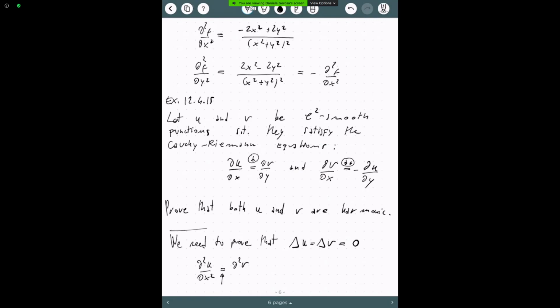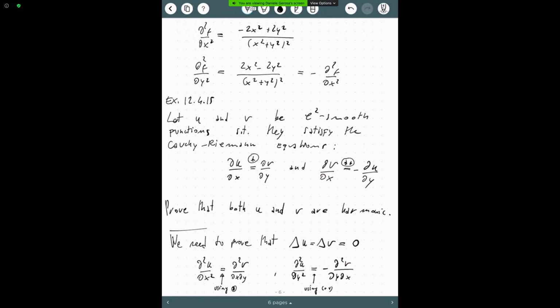So using star, we get this, right? And this is going to be equal to minus the partial derivative with respect to y, x, and then here I'm using star star.